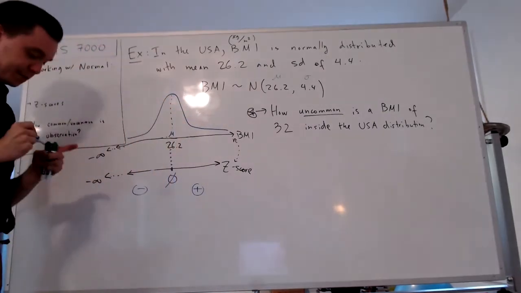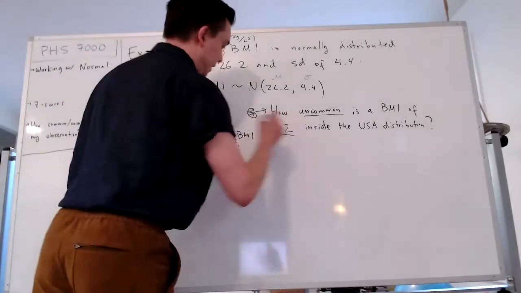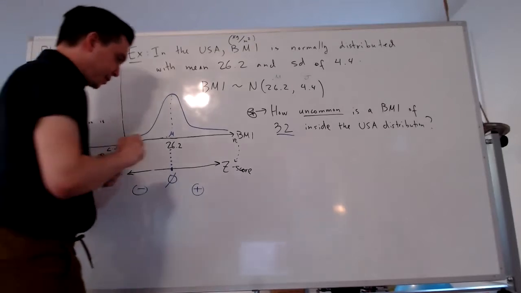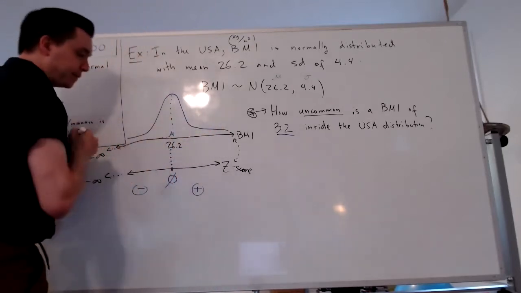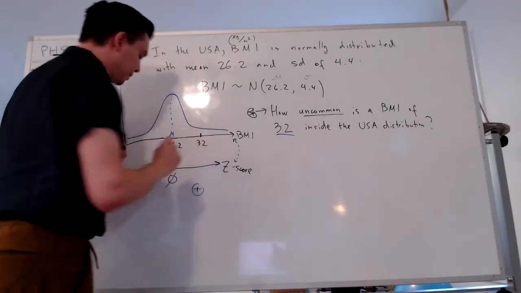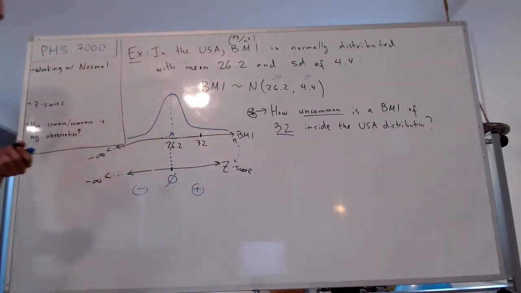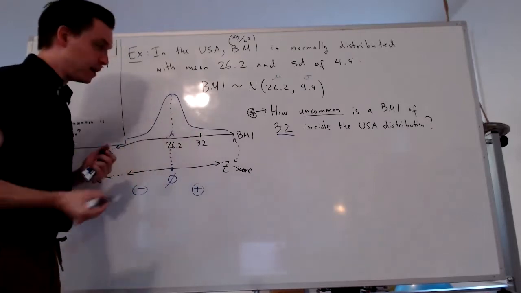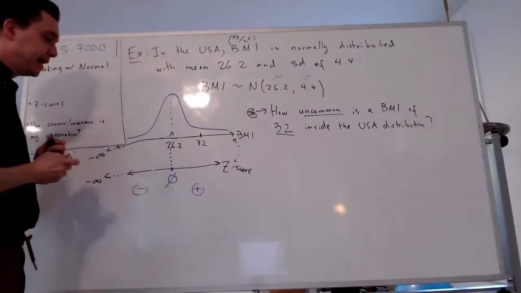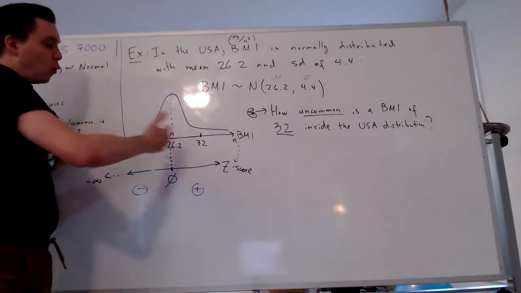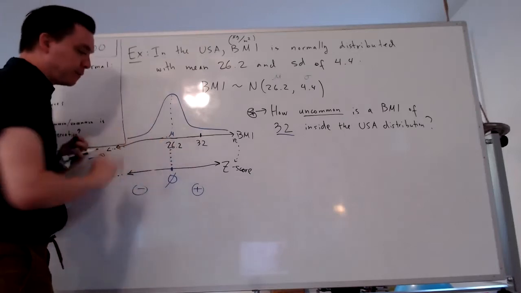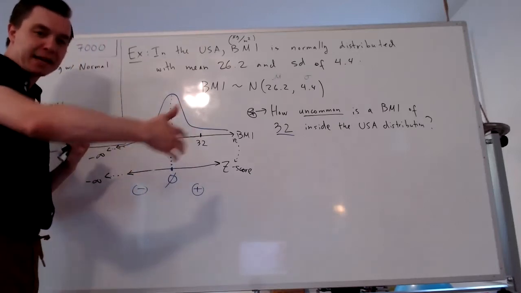There is my normal curve. I'm asking about a BMI of 32. BMI of 32 will, of course, happen above the mean, so it will be somewhere out here. You could think on the BMI scale, okay, I know the standard deviation is 4.4, and that's about one standard deviation plus some above my mean. So it's out there.